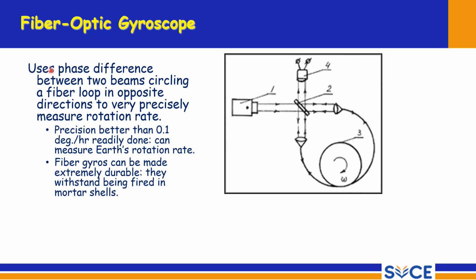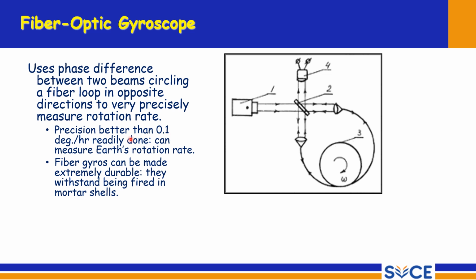Fiber optic gyroscope uses the phase difference between two beams circling a fiber loop in opposite directions to very precisely measure rotation rate. So this is the fiber optic gyroscope, and rotation rate is measured accurately.